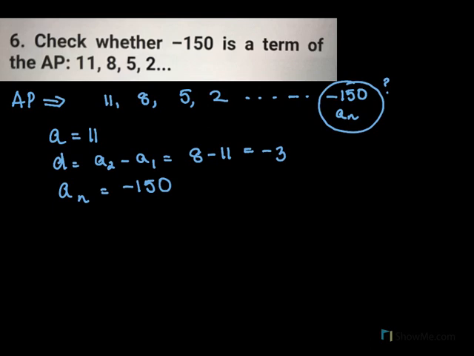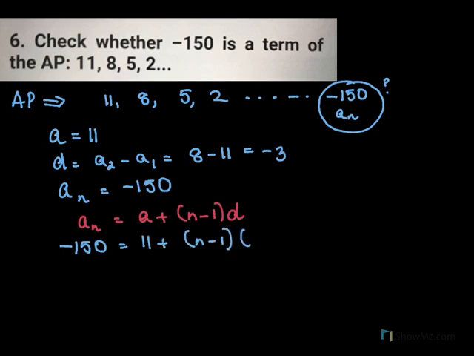And the formula for this, here we have AN equal to A plus N minus 1 D. And AN is minus 150, A is 11. We'll find the N, and the D is minus 3.